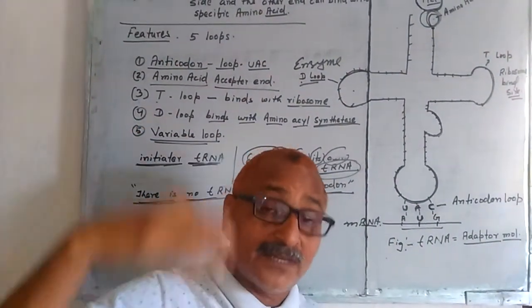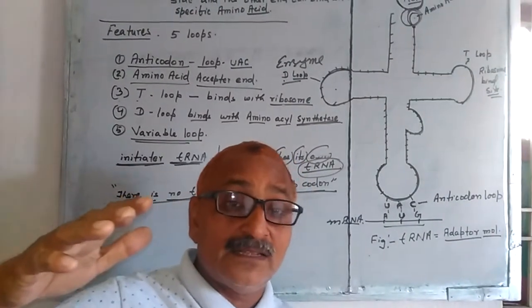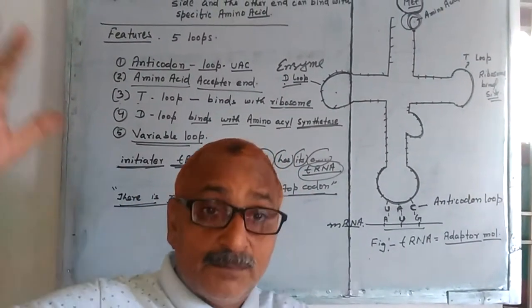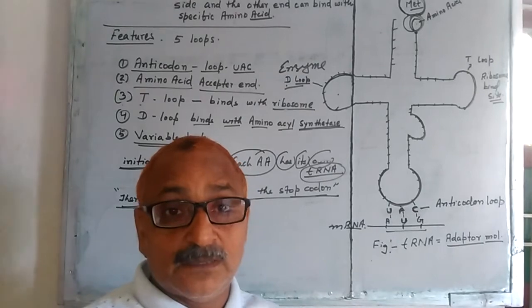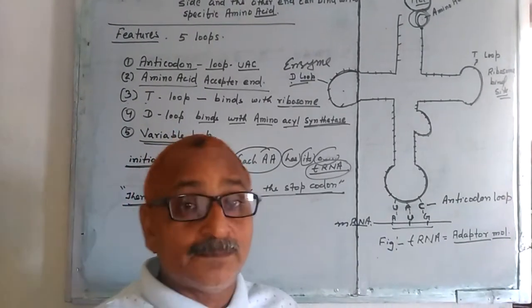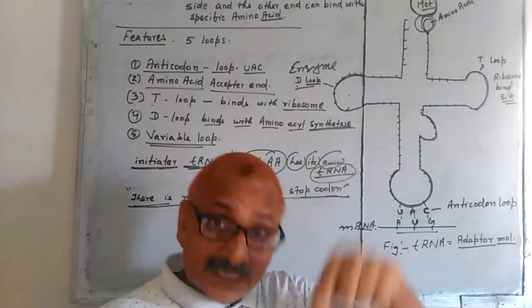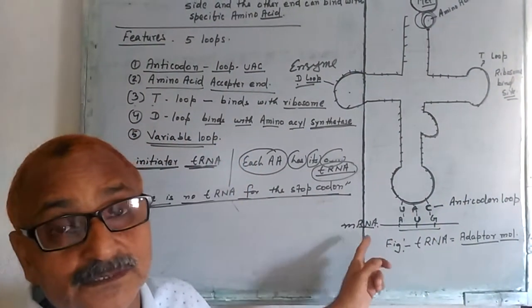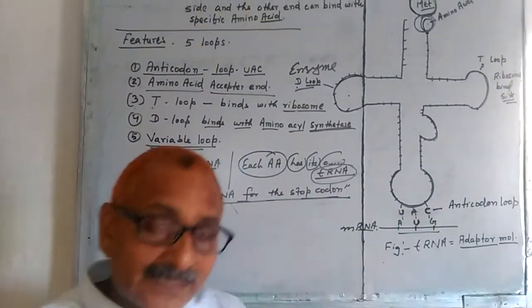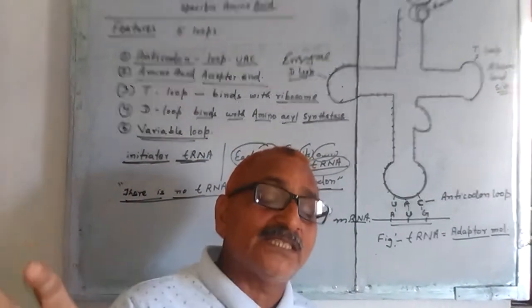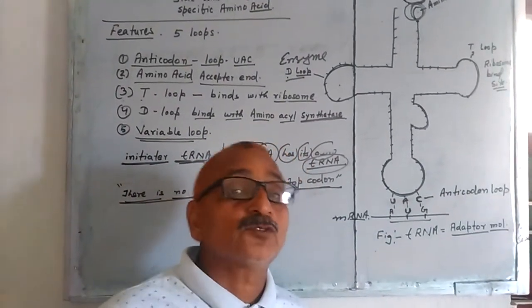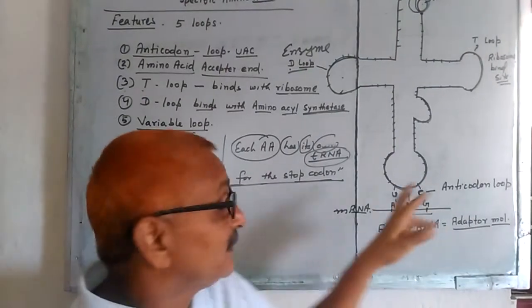The number may vary. You may require transfer RNA for methionine 5 times in a protein synthesis, so 5 transfer RNAs of methionine are required there. Similarly, as many types of amino acids there are, so many types of transfer RNA there will be.